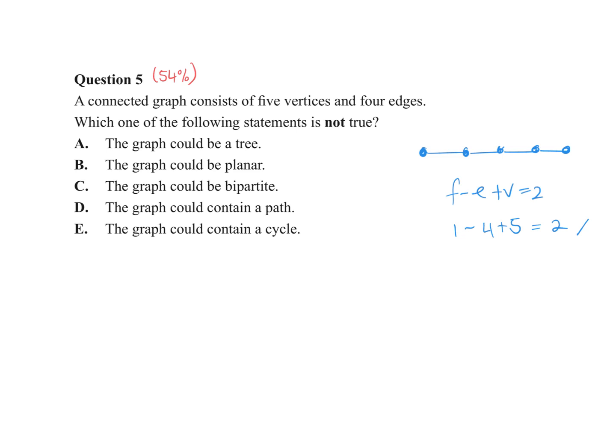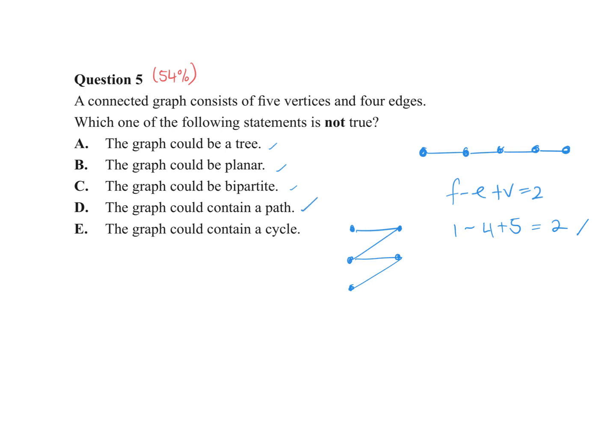The graph can be bipartite. Bipartite just means you have your vertices like this, and you have edges. And it doesn't matter. So 1, 2, 3, and I could have 4. It could be bipartite. The graph contains a path.